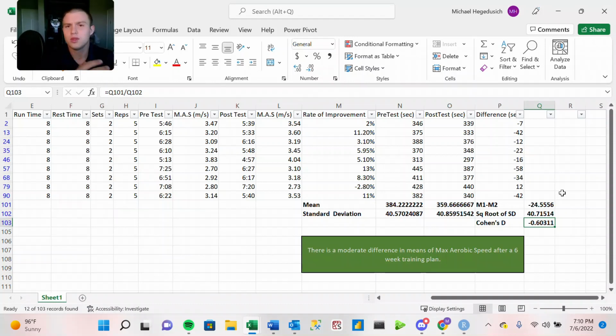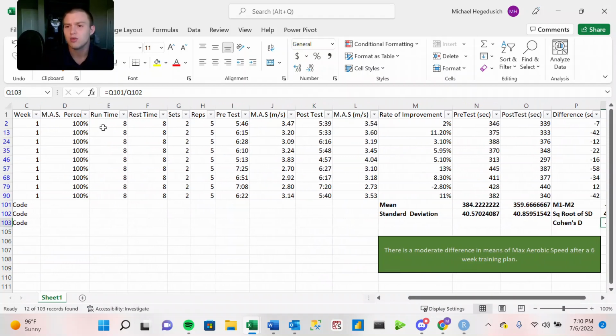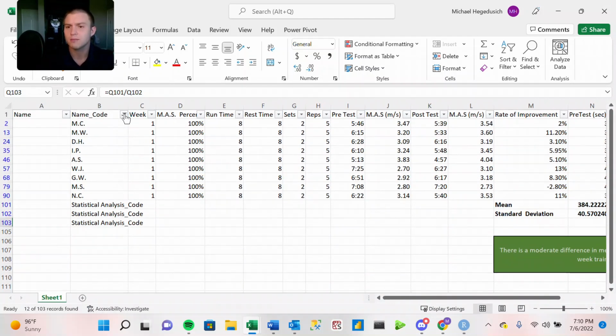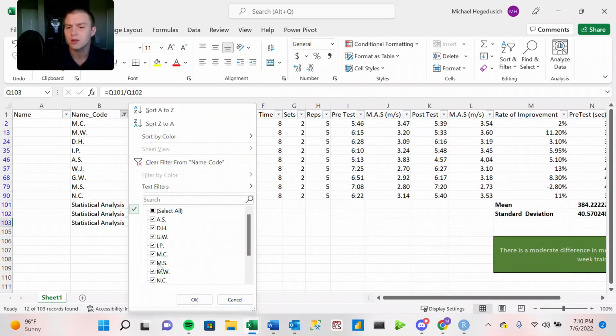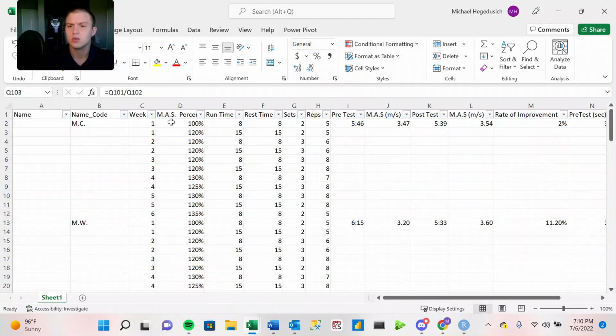One of the things I will note is that the percentages that I used during this test were way too low. If we look at, I'm going to go back, and we're going to select all the data points, and we'll just look at one athlete. They're all consistent throughout the 6 weeks. They never really got past 135%. In fact, they only had one training session at 135%.